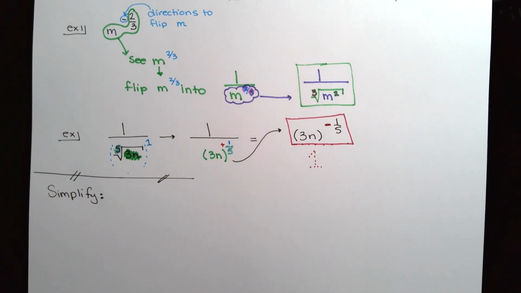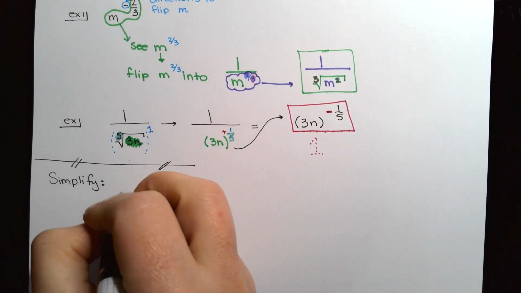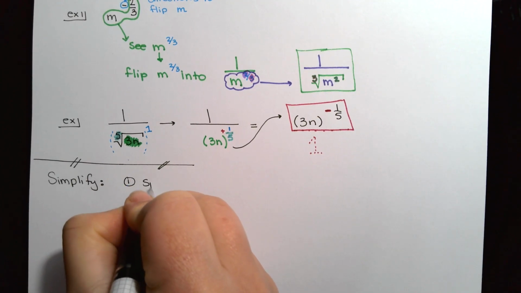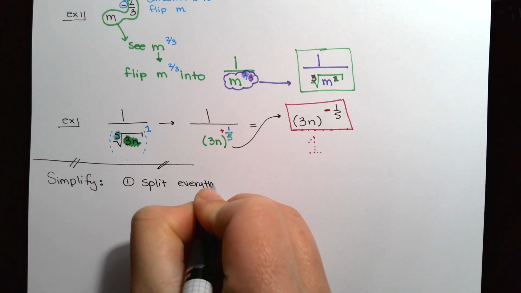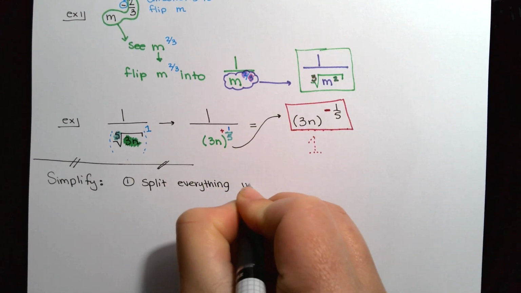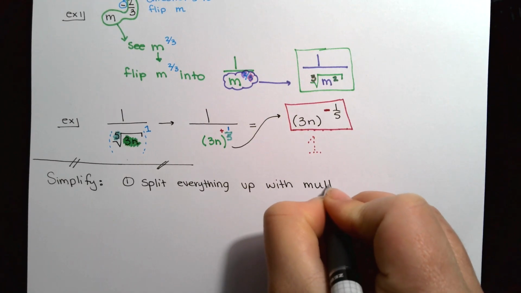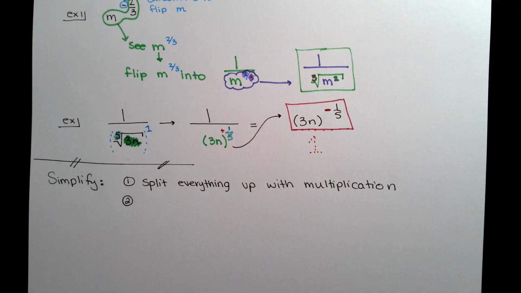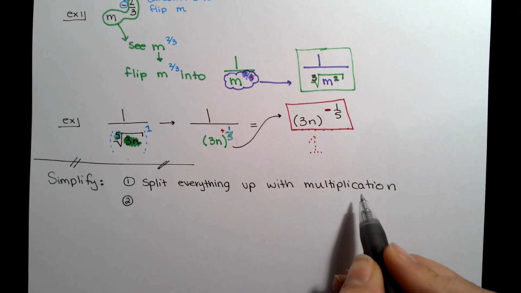Two things that we're going to talk about when we're simplifying. When we're simplifying, you always want to simplify your fractions by splitting them up. So two things, split up your terms, split everything up with multiplication. So first thing, when we're simplifying, we want to split everything up with multiplication.